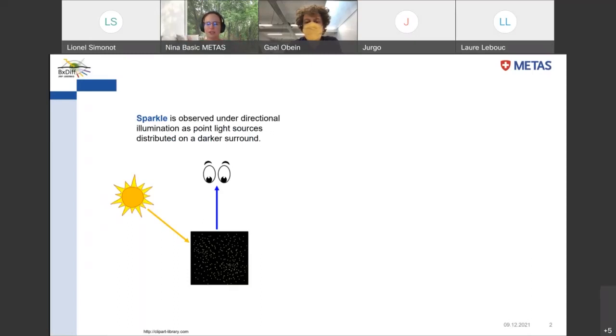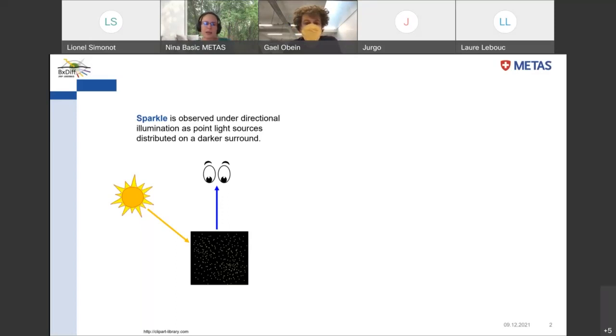Just imagine having some sort of sample and you go outside on a very nice, bright, sunny day. You can see these tiny bright spots on darker surround. And what is interesting about this effect is if you change the illumination angle or the observation angle, these tiny bright spots actually change their location.